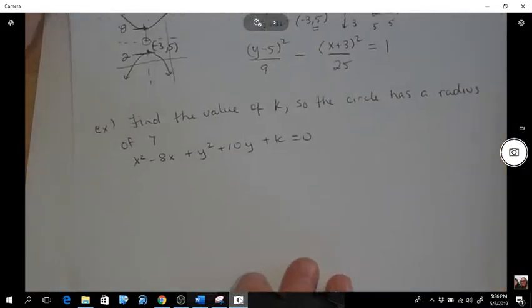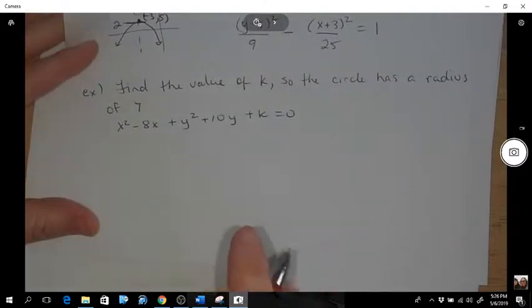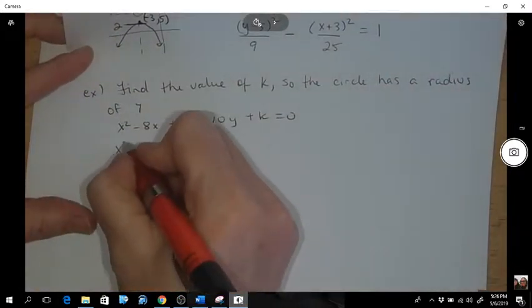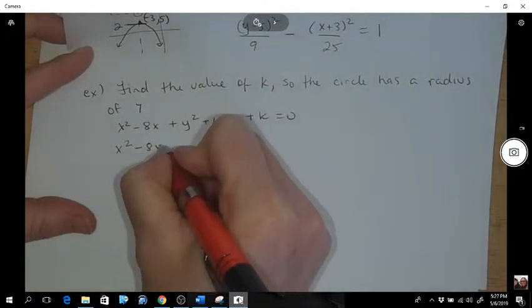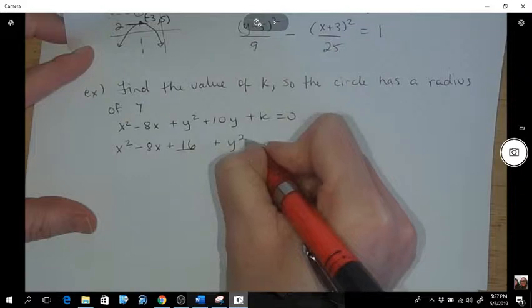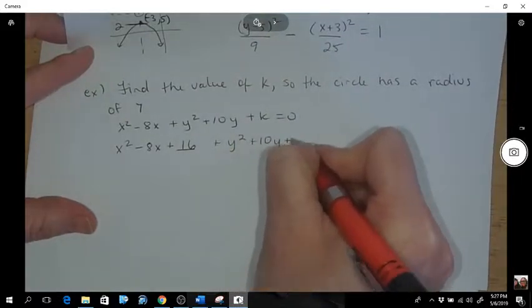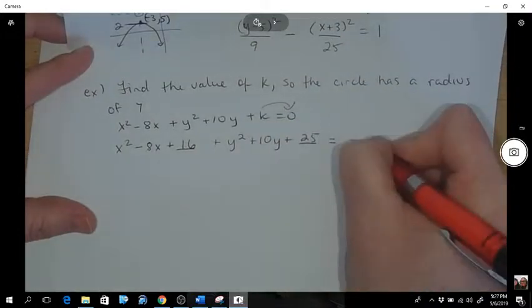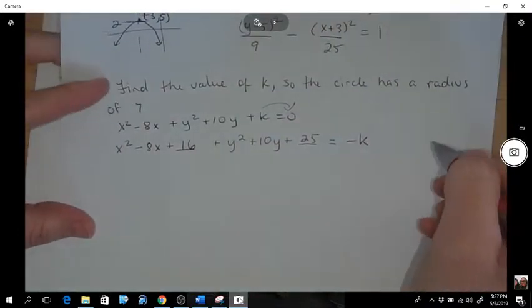Okay, find the value of k, so the circle has a radius of 7. So here I'm going to be working to complete the square. So x squared minus 8x plus 16 plus y squared plus 10y plus 25. And that k I will have moved over, so it's negative k.